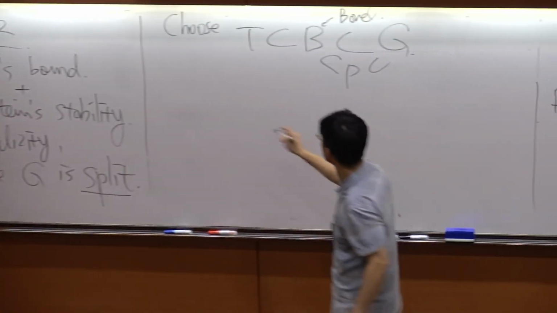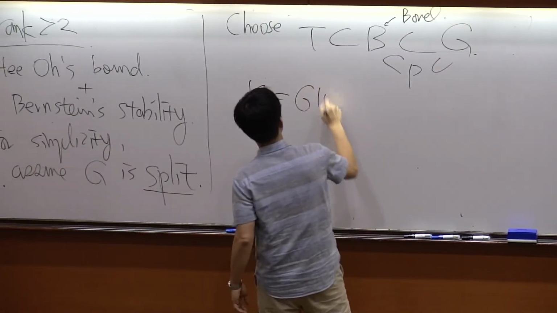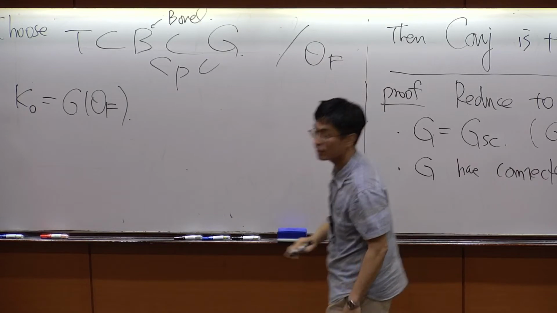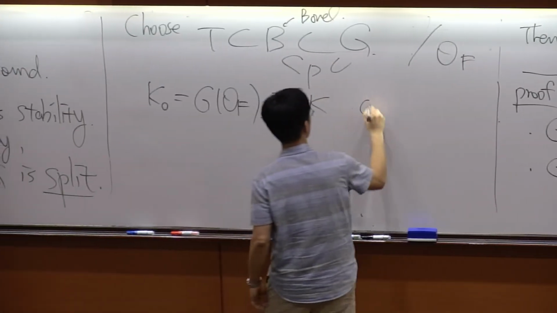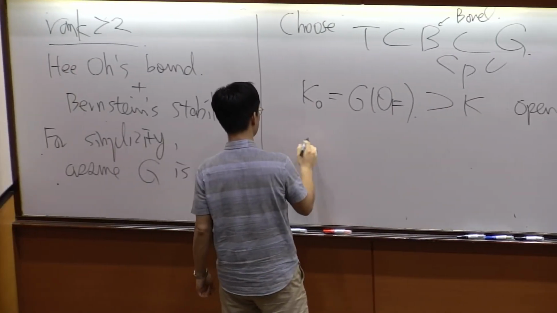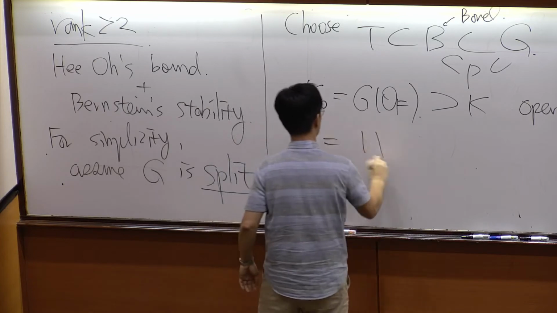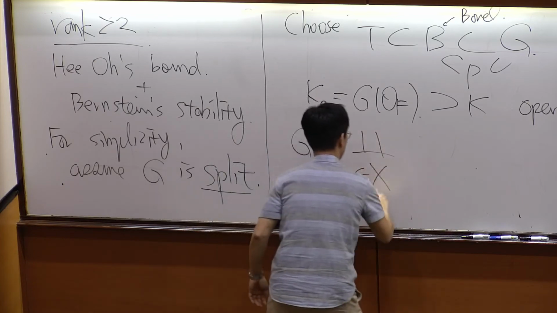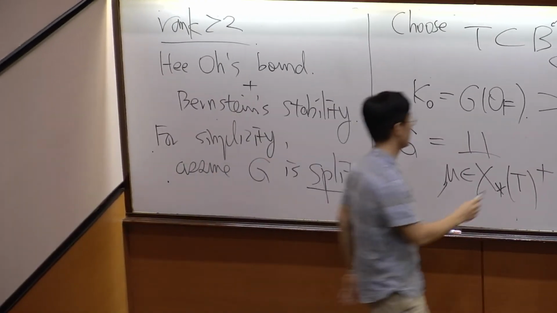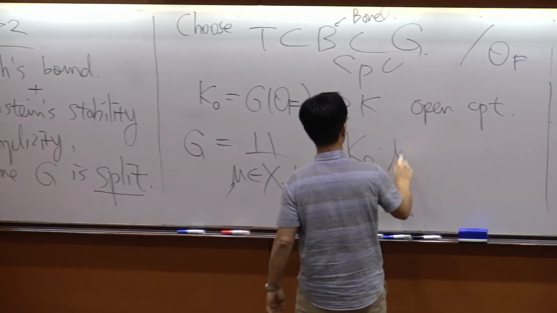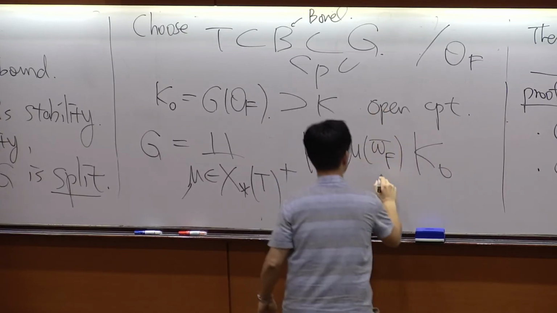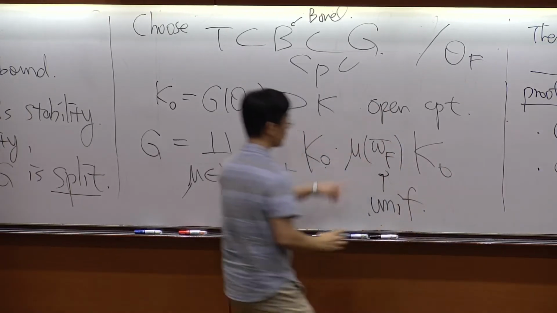And then I also take K0 to be the O_F points of G, and I choose this over O_F. And it's an open compact subgroup. Okay. And we have this Cartan decomposition. So G decomposes over a set of dominant co-characters of K0 times mu of varpi, where varpi is the uniformizer of the p-adic field.